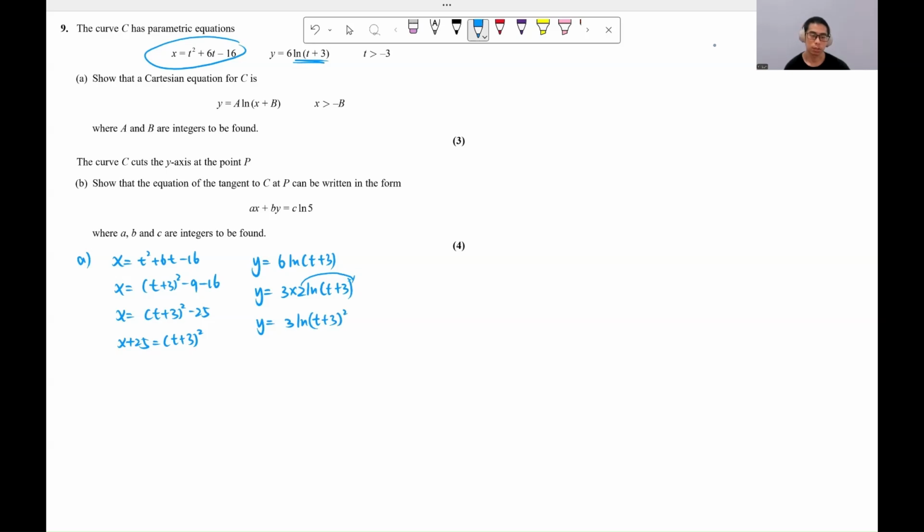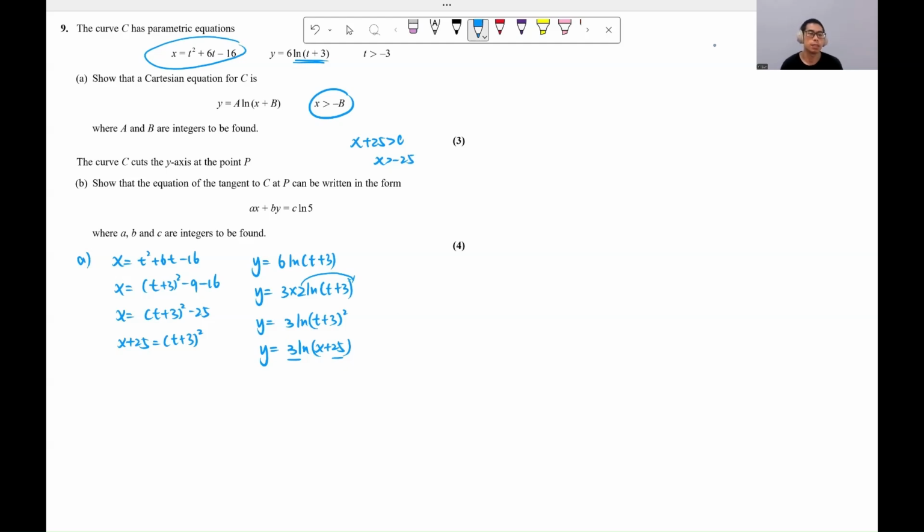We already know (t plus 3) squared equals x plus 25, so that would be 3 ln(x plus 25). So that's the equation, and a is equal to 3 and b is equal to 25. The condition x more than -b just means you can't take the log of a negative value, so x plus 25 has to be more than 0, so x has to be more than -25.